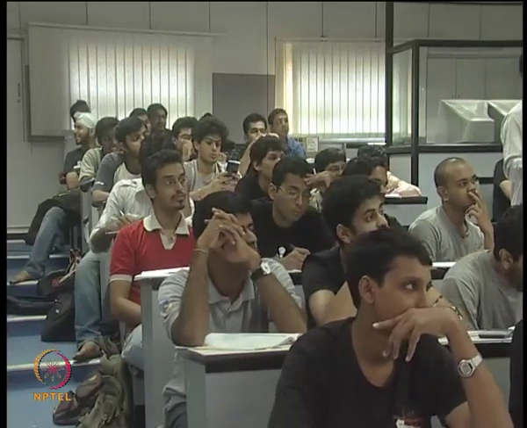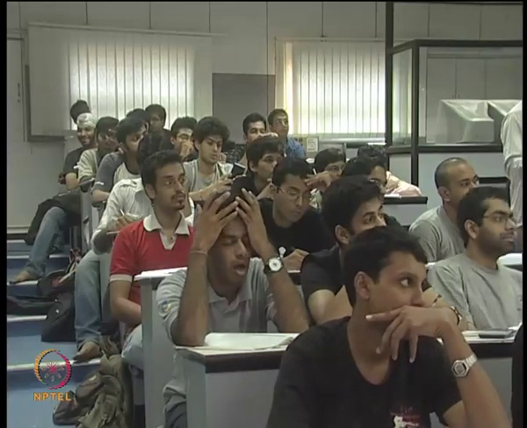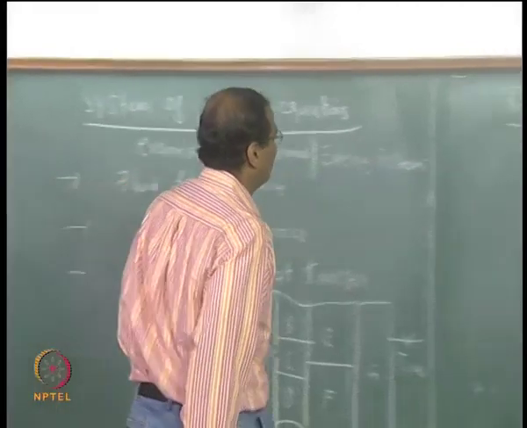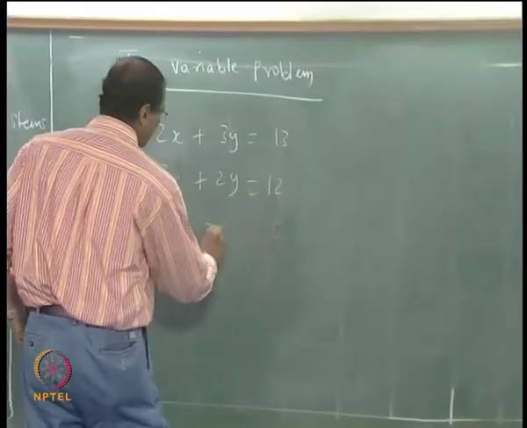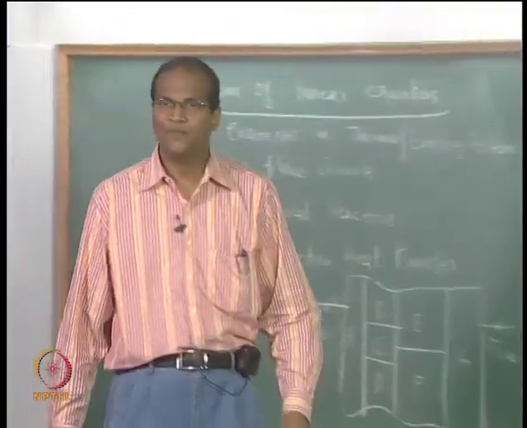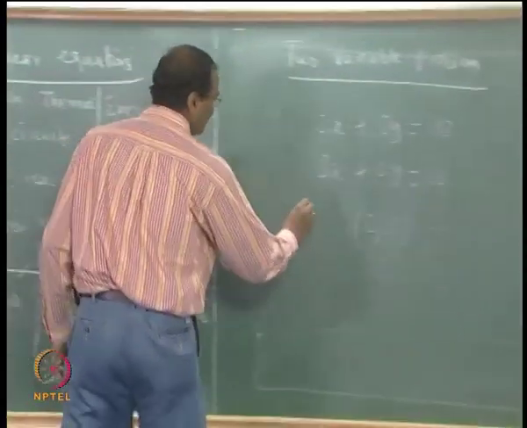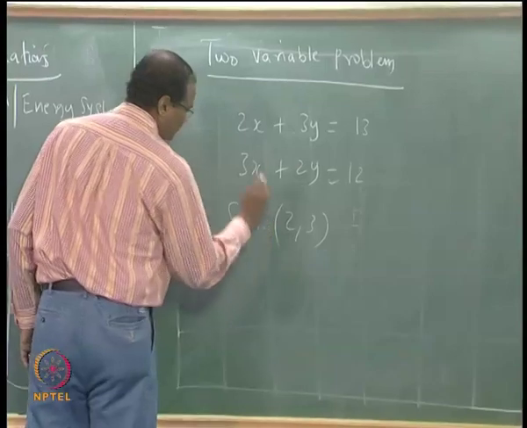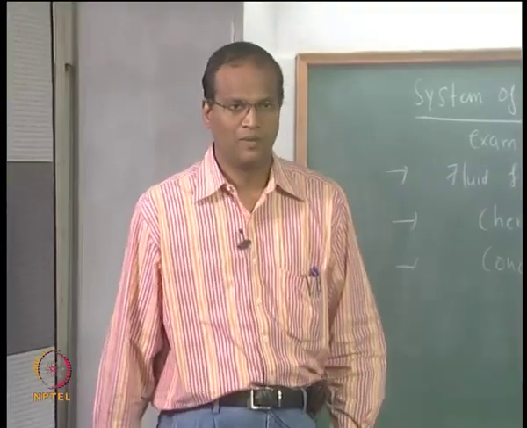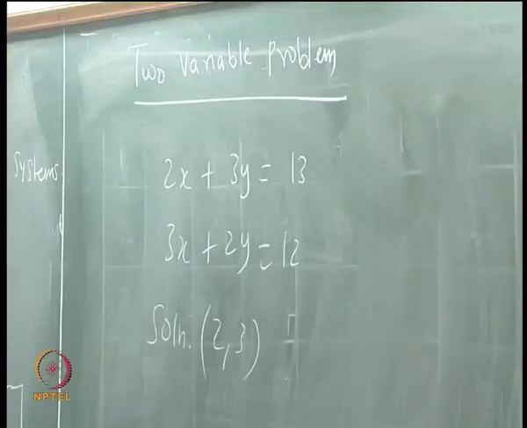So for a two variable problem it is very trivial, we learnt it long back. The solution is 2, 3, correct.